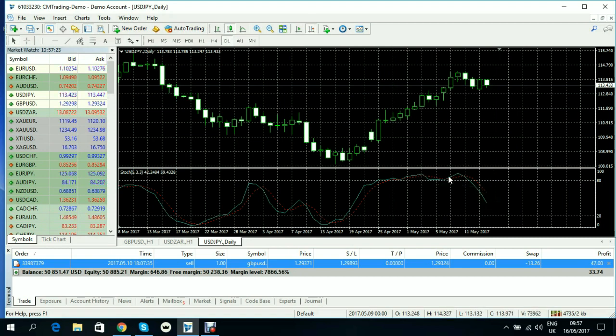So when the stochastic lines move above 80, it becomes a ready-to-sell signal.